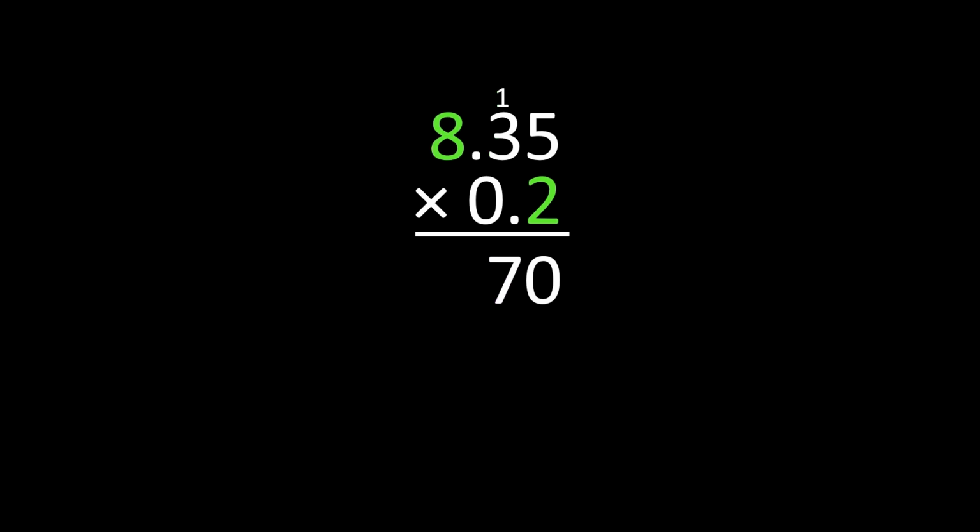Now I'm at 2 times 8, and 2 times 8 is 16. From here, I've multiplied the 2 by all the digits in the first number, so now I'm going to be multiplying by the 0. However, 0 times everything is going to be 0, so I don't need to show the work for that step.